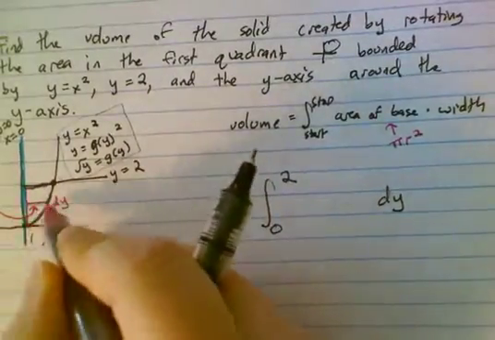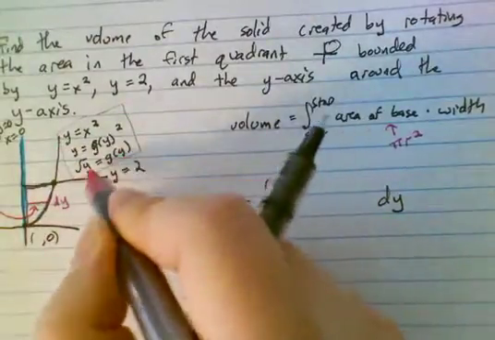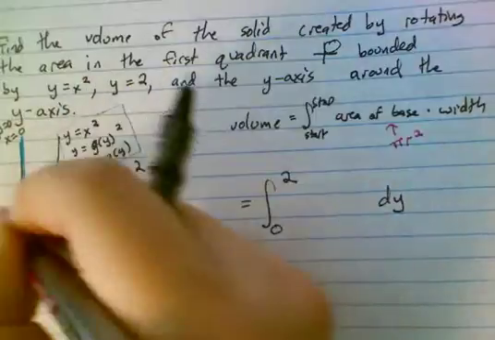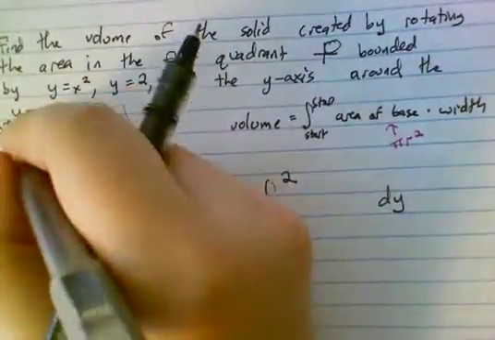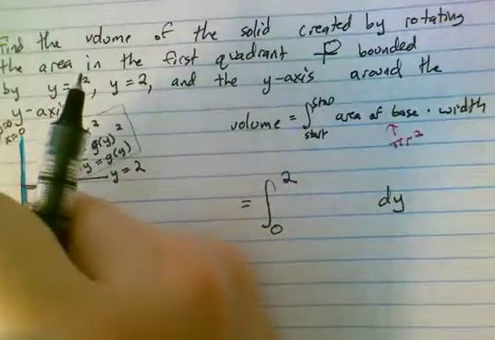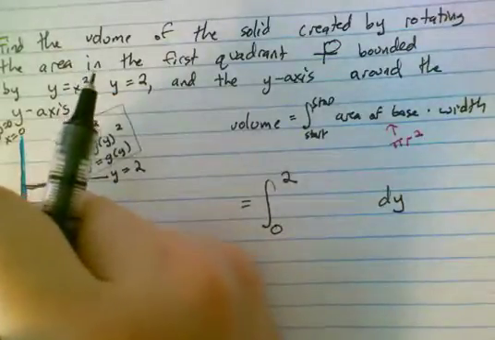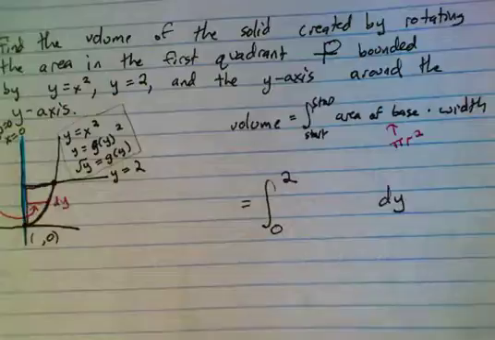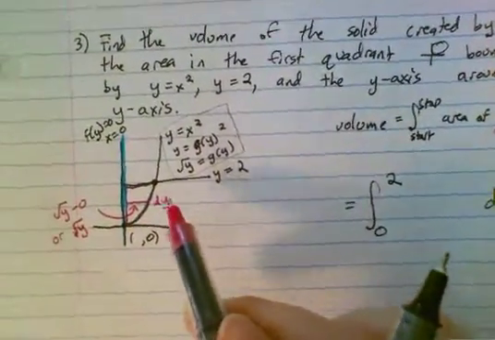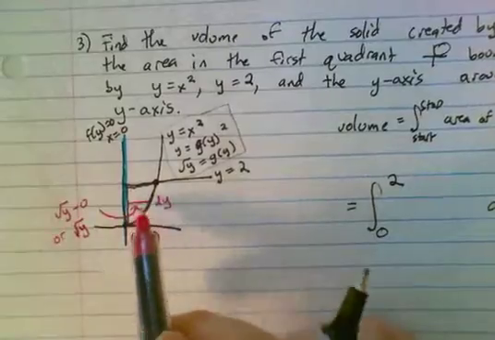I'm going sideways, so I'm going to do right minus left. The right is g of y, that's square root of y, minus the left. The left is f of y equals 0. So square root of y is my distance right here.